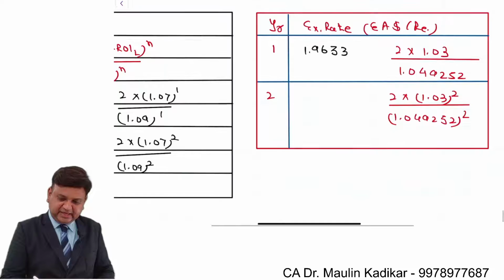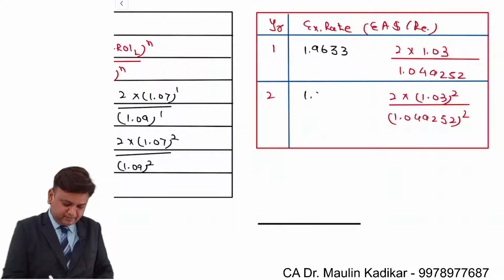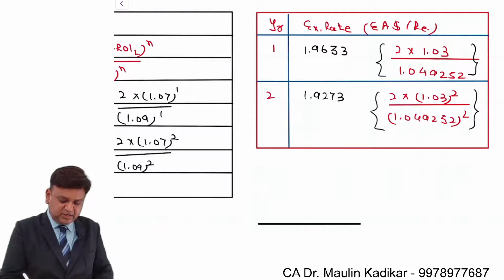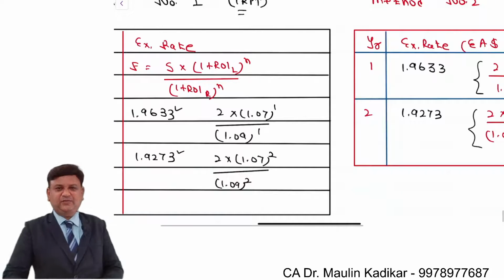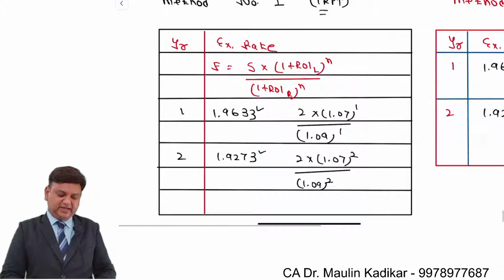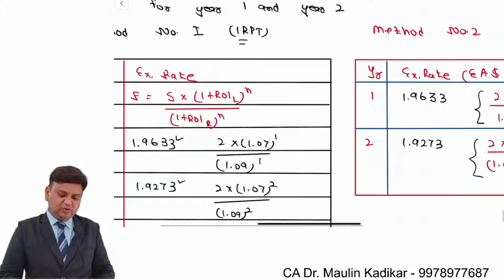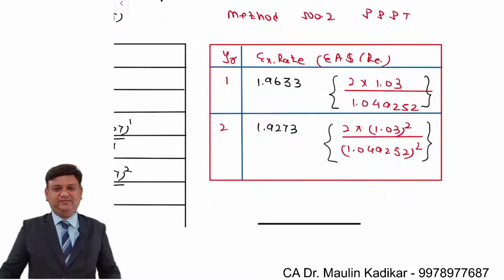So it is 1.9273 East African dollar per rupee. Of course, the answer is bound to be the same. However, it is just a confirmation that doing the answer by either method will lead to the same exchange rate.